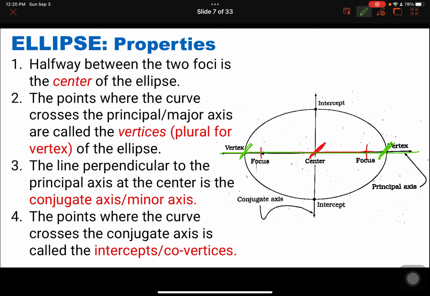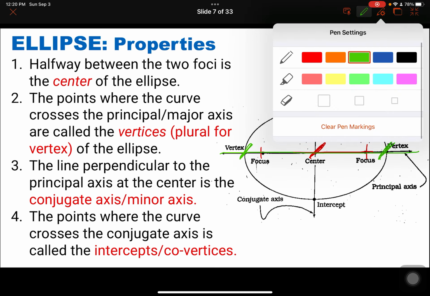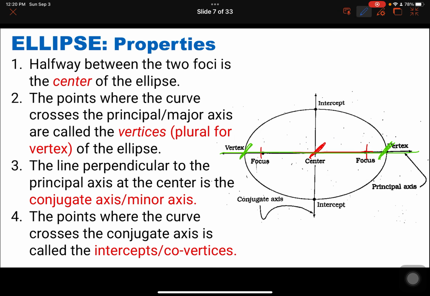Then, the line perpendicular to the principal axis at the center is the conjugate axis, or what we call the minor axis, which is shorter than the major axis. The points where the curve crosses the conjugate axis are called intercepts, or co-vertices.